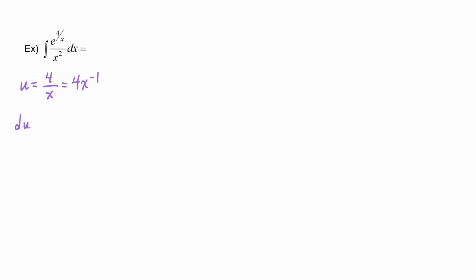Then du is going to equal negative 4x to the negative 2 dx. Or we could write du as negative 4 over x squared dx.